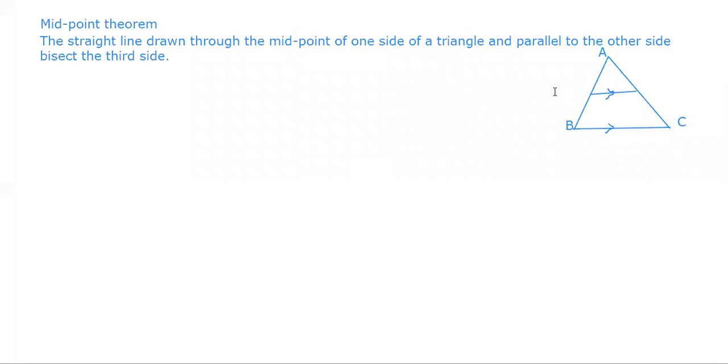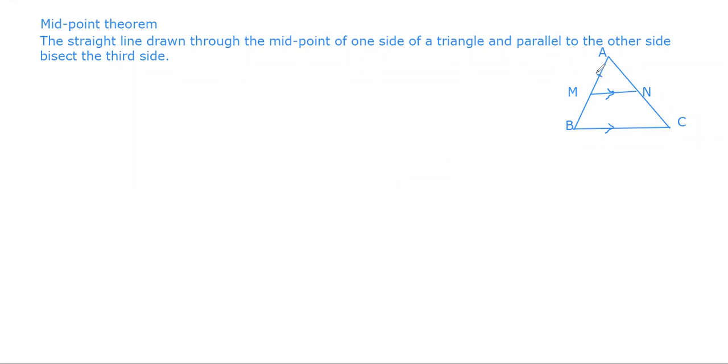Suppose this is M and this is N. M is the midpoint of AB and MN is parallel to BC. We have to prove this N is the midpoint of AC.